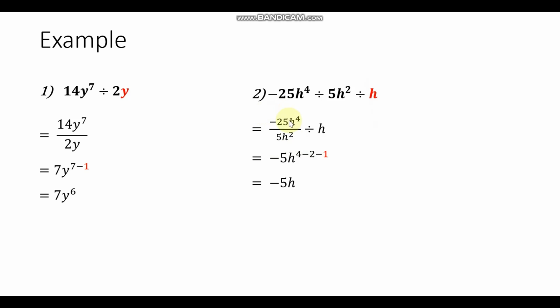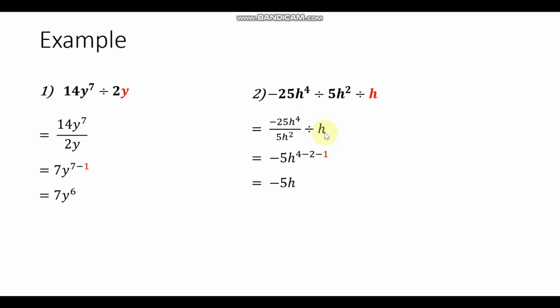After that, we write the numbers into fraction form, for example like this one: negative 25h to the power of 4 divided by 5h to the power of 2 divided by h.